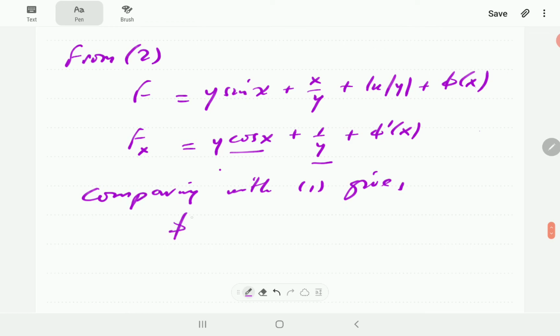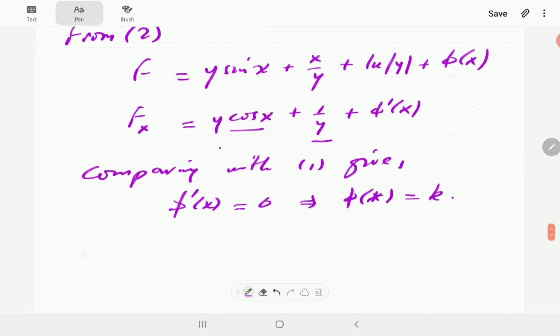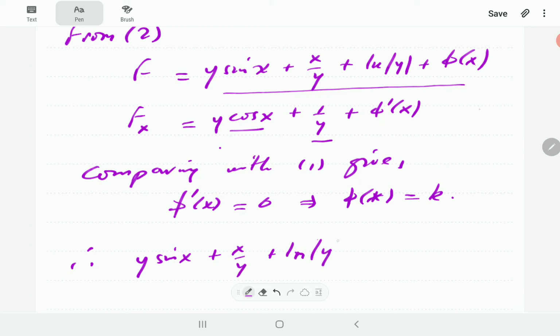So that tells us that phi prime of x is going to be 0. So phi is going to be a constant. Again, it means our solution is just going to be this thing equal to 0: y sine x plus x over y plus ln y plus a constant is equal to 0.